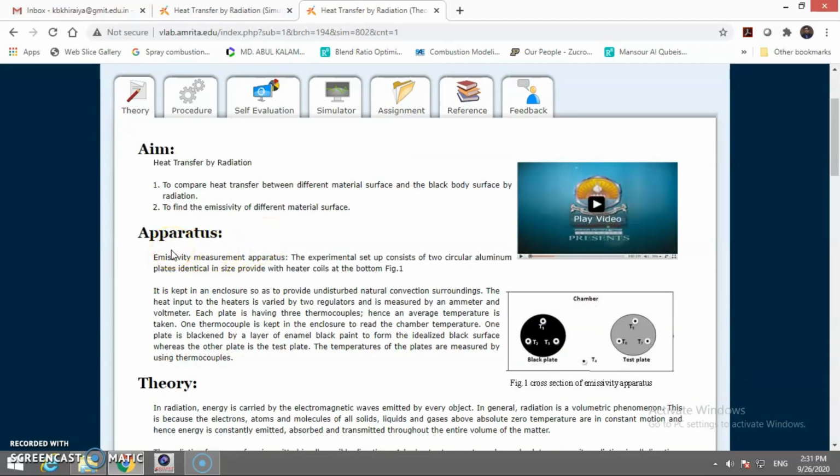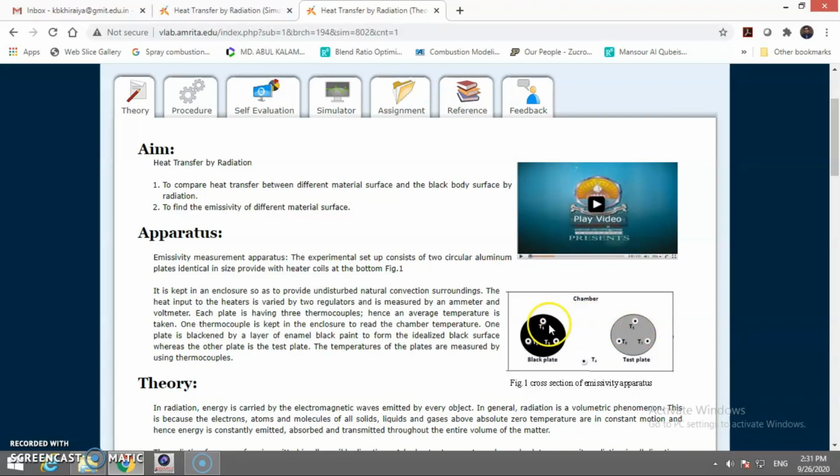The apparatus is given over here. In the apparatus there is one chamber in which we have one reference surface, or we can say a black surface, and second is the test plate, or we can say the specimen plate, for which we are going to measure the emissivity. Temperature sensors are fitted on both the reference disc as well as the test plate.